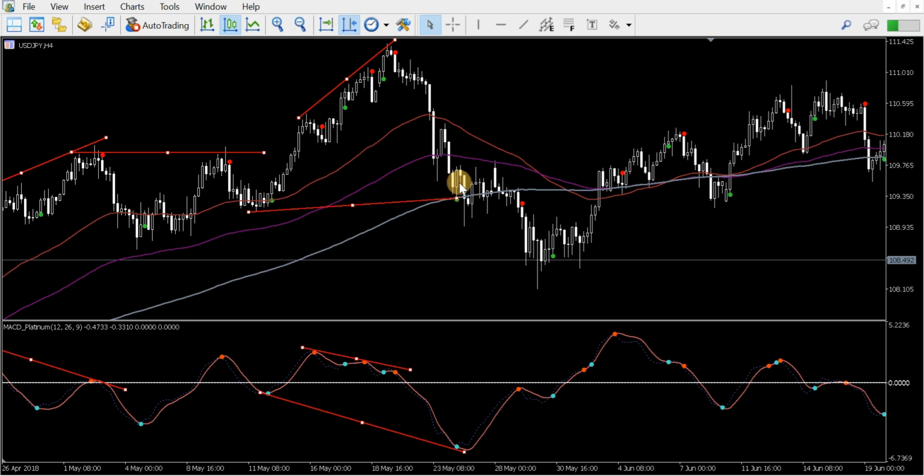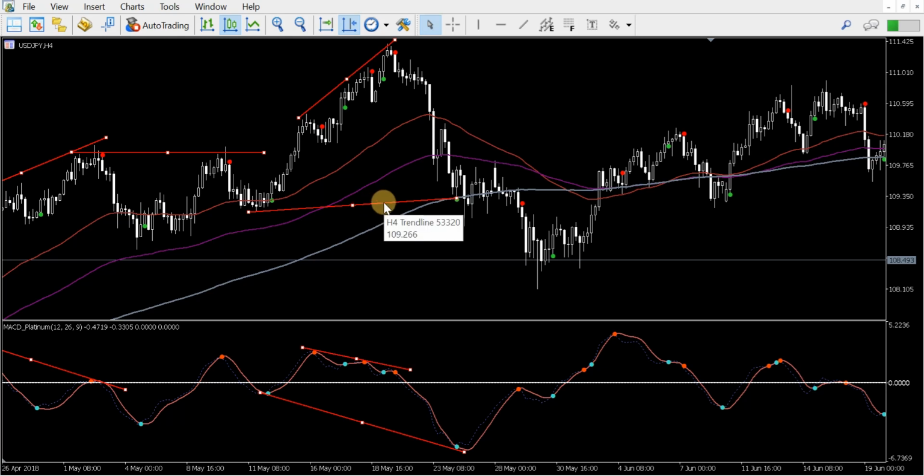So it's a mixed bag. I'm happy to take the buy, and because of the hidden bearish divergence, I probably wouldn't go in with a stop here. I'd probably go in with maybe a safety stop, because I like hidden divergence. I like any hidden divergence.